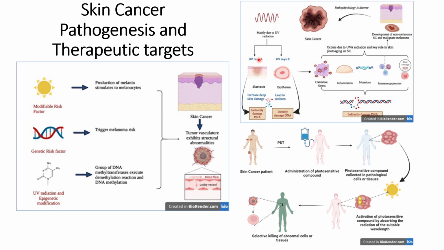UV-A has a longer wavelength, UV-B has a shorter wavelength. Longer wavelength UV rays penetrate deeper into the skin and cause indirect damage to the DNA within the skin, whereas shorter wavelength UV rays cause damage on the top surface of the skin, that is, direct damage to the DNA.